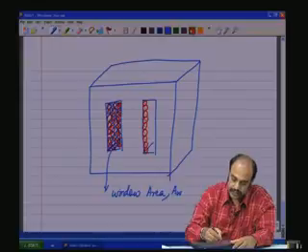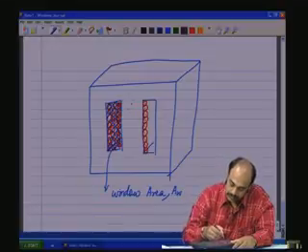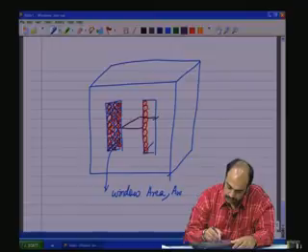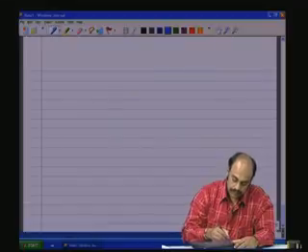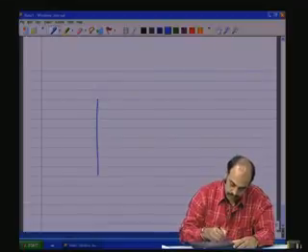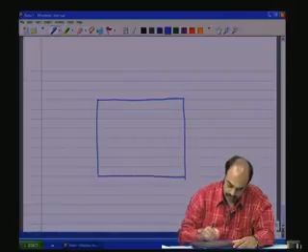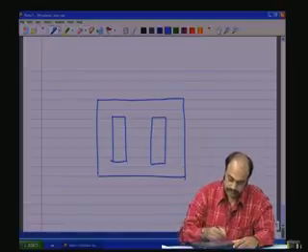There is another important area that you need to bother about, the other area which is also very important. And that is the core cross section area.